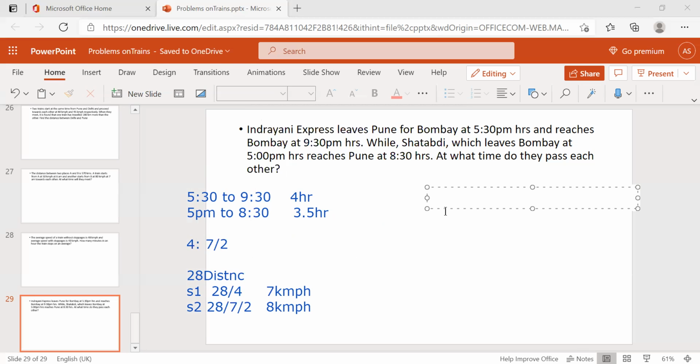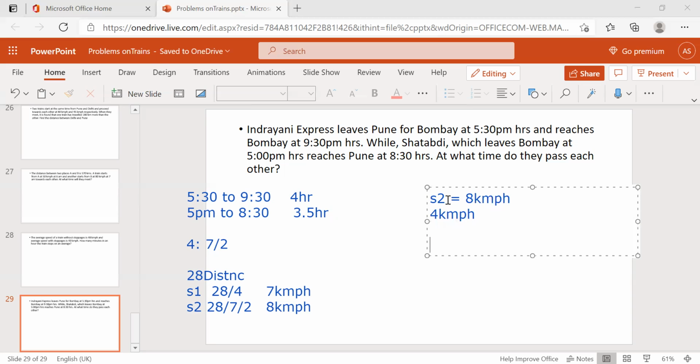It covers half an hour of distance before Indrayani Express starts. In half an hour, how many kilometers will it travel? Shatabdi's speed S2 is 8 kilometers per hour, so in half an hour it covers 4 kilometers. Is it clear?